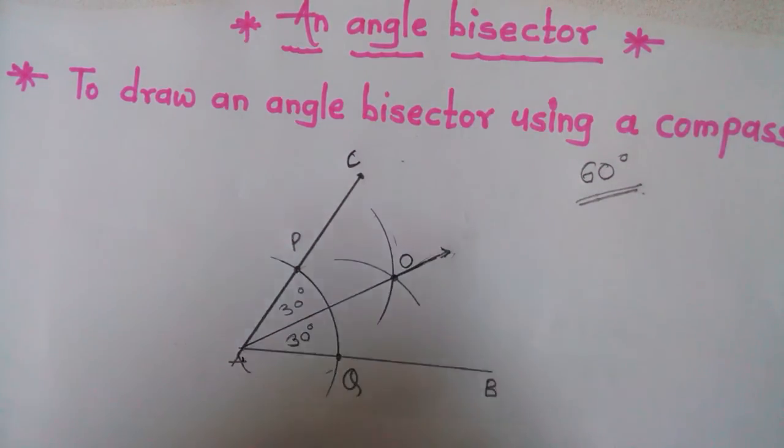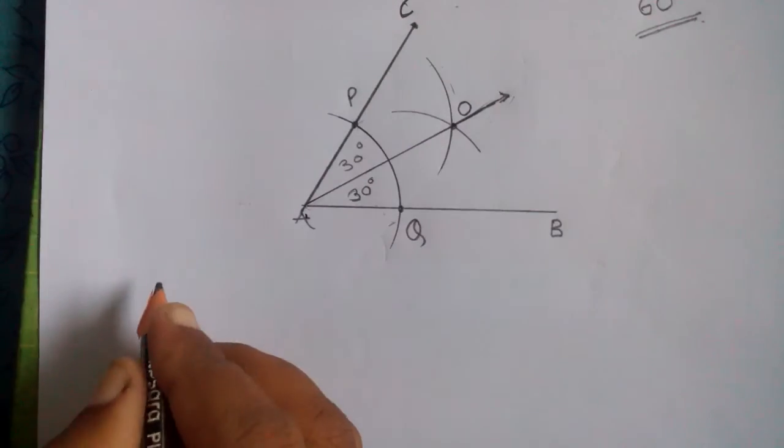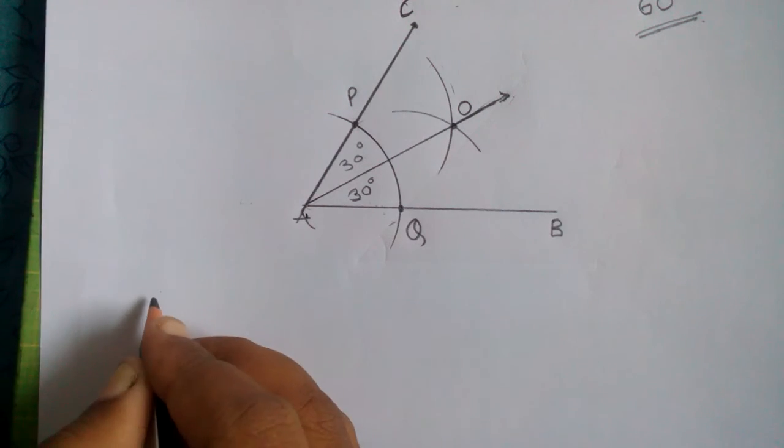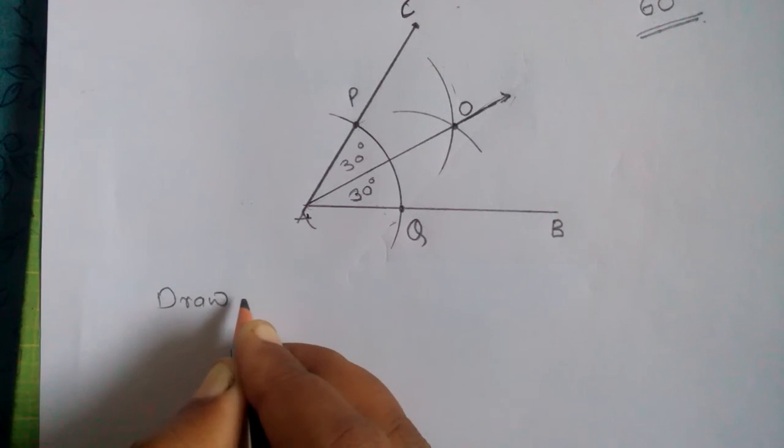Then you have to take the angles and likewise draw the bisector.